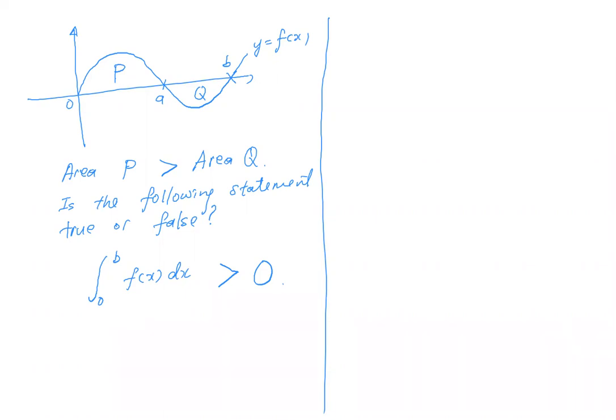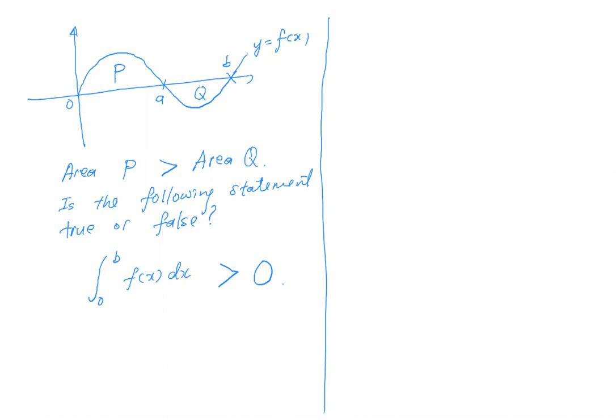Applying that same concept to area P, it should go from a positive value to a negative value, right? Yeah, but you see where is the location of area P? It's above, positive.